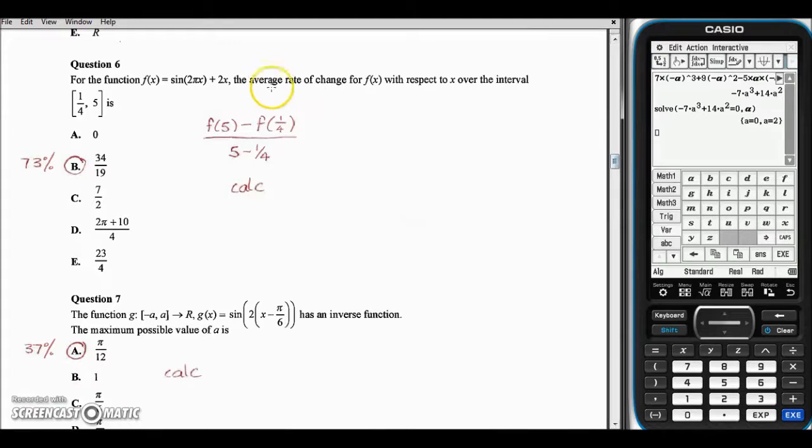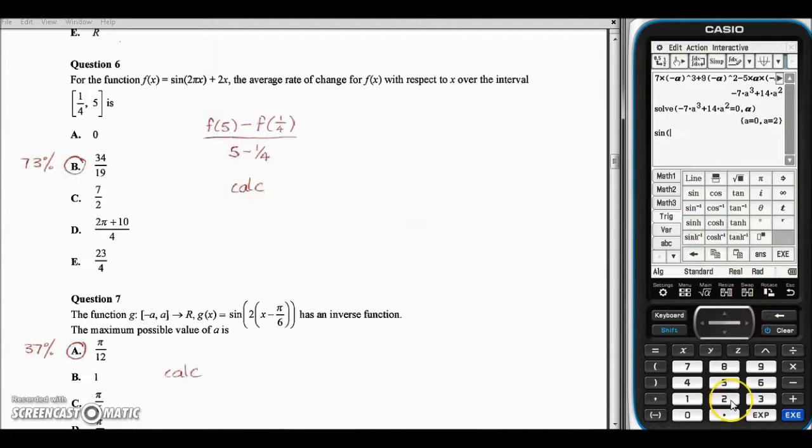Question 6, average rate of change. So y2 minus y1 over x2 minus x1, just like finding gradient. We'll sub 5 into this function and we'll sub 1/4 into this function and divide by 5 minus 1/4. So the calculator will do those substitutions for us.